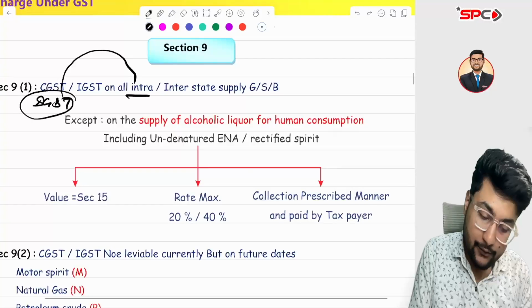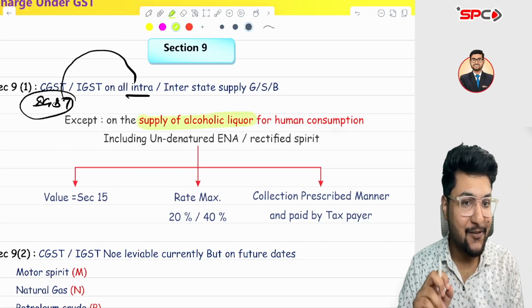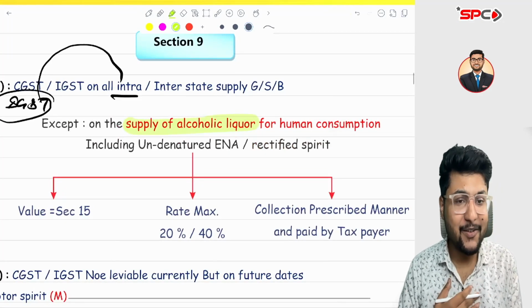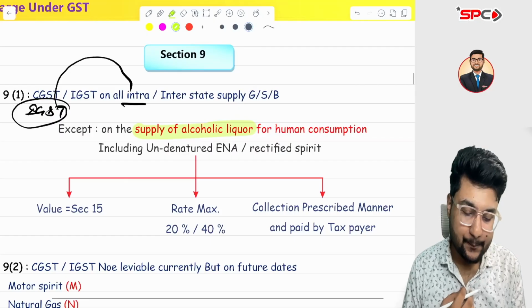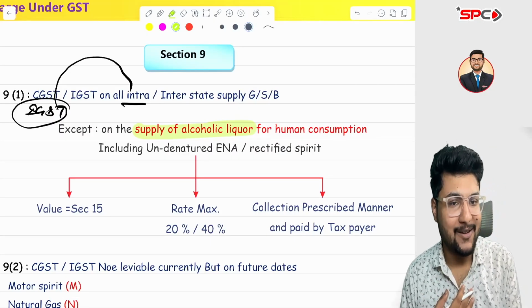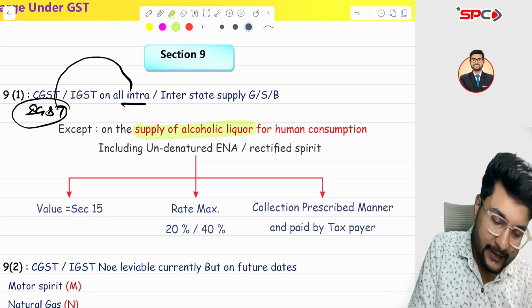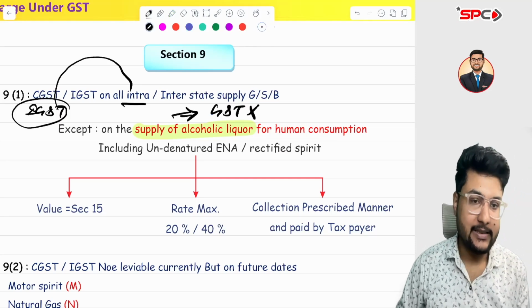In case you are supplying alcoholic liquor, not liquor for medical use, but pure alcoholic liquor for human consumption, you are doing a bad thing, right? So this is not covered under GST.